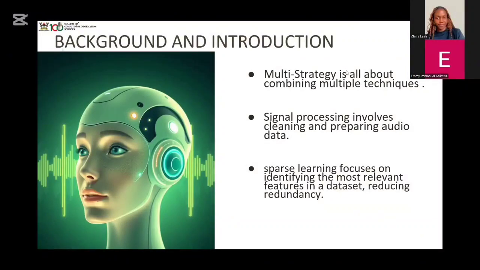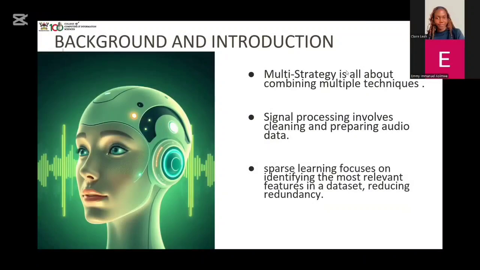Among the techniques, we have sparse learning, which is all about extracting the relevant features like abnormal jitter, while ignoring irrelevant variations like background noise, reducing the computation costs, and enhancing the model interpretability for clinicians.